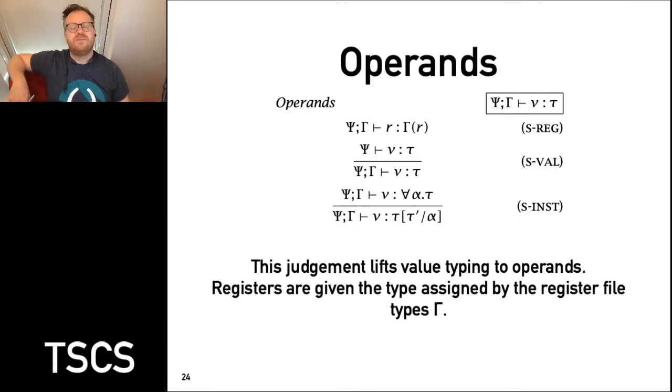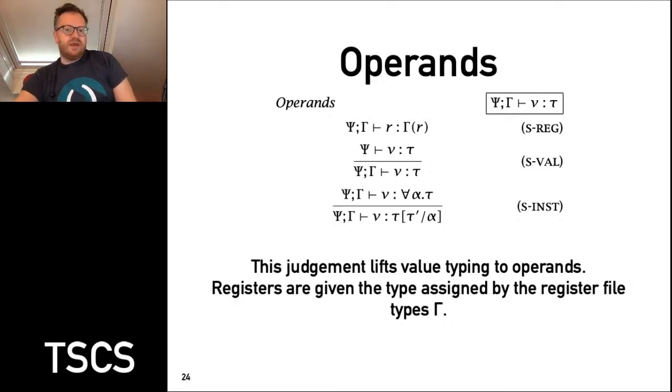So this substitutes τ' for any occurrence of alpha in the type. So these type judgments lift value typing to operands. So you have now the proper operand typing. You have values, and then you can use them as operands if you apply these rules.